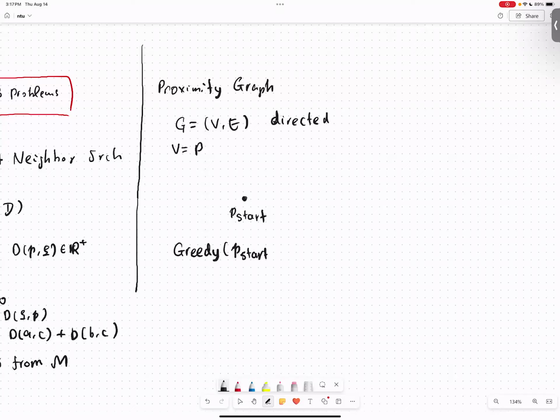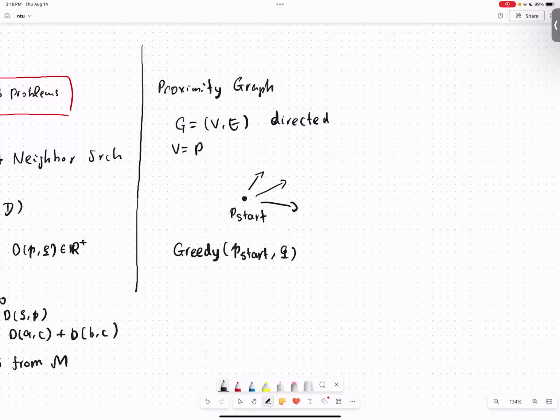You give me the second parameter, which is the query point. However, I get to choose whatever vertex in the graph as P start. And then, whatever happens next, you cannot control. So what I'm going to do is the following. I look at this P start, and I look at its out neighbors.